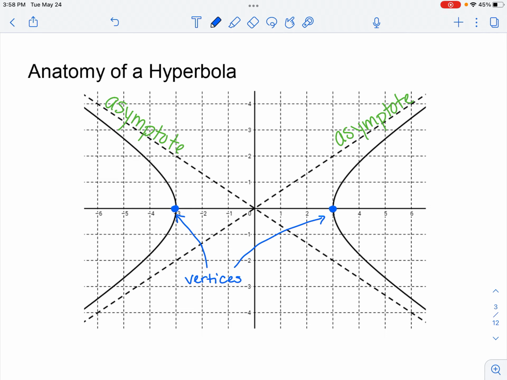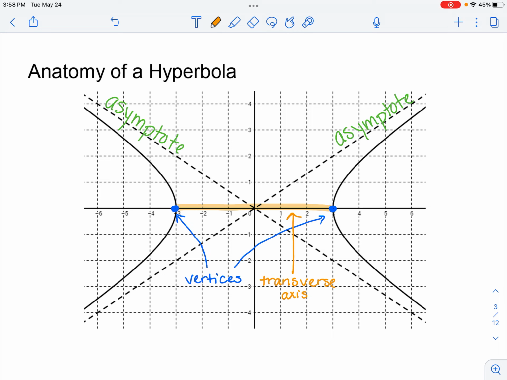All right, now how do we figure out where those vertices are? We have in between the vertices an axis, all right? And this is called the transverse axis. It's kind of similar to major or minor axis from an ellipse, okay?